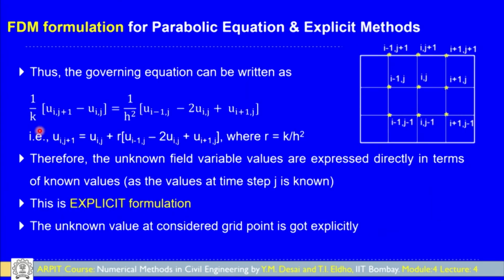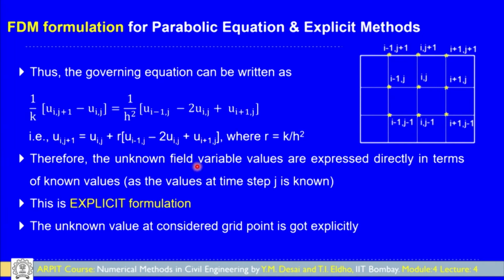The governing equation can be written as 1 by k into u i j plus 1 minus u i j is equal to 1 by h square into u i minus 1 j minus 2 u i j plus u i plus 1 j. If we put r equal to k by h square, where k is the delta t and h is the delta x, then we can write u i j plus 1 is equal to u i j plus r into u i minus 1 j minus 2 u i j plus u i plus 1 j.